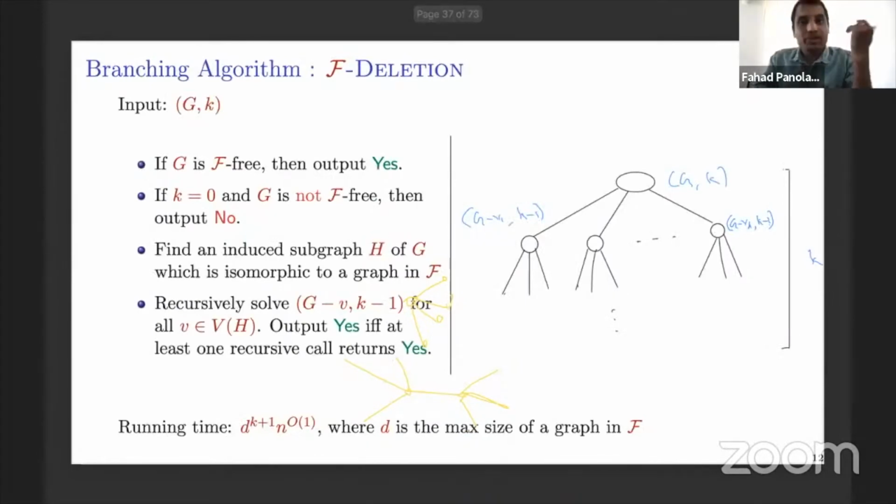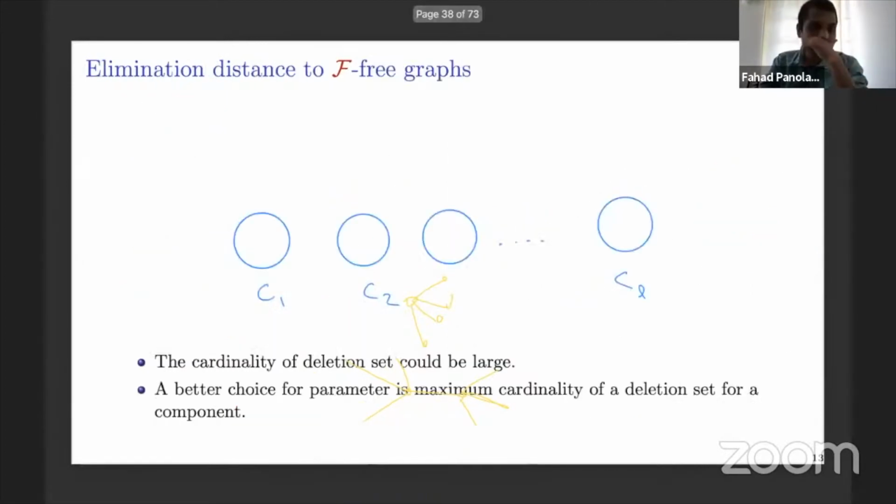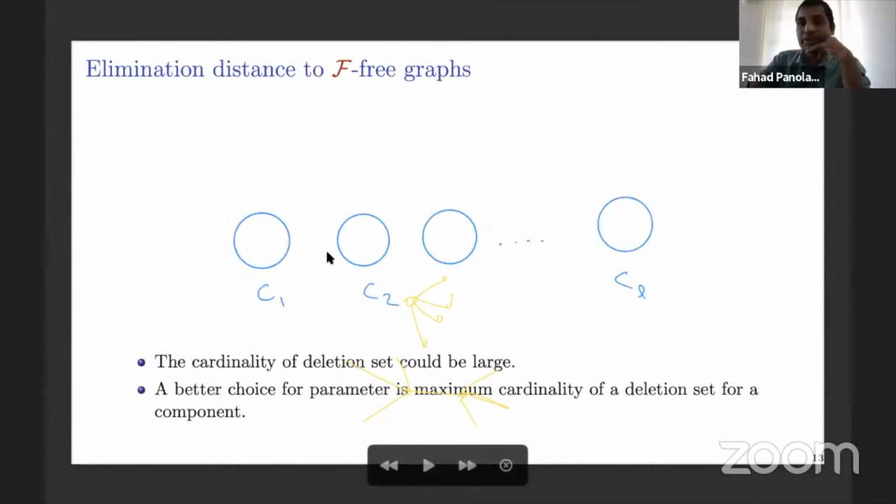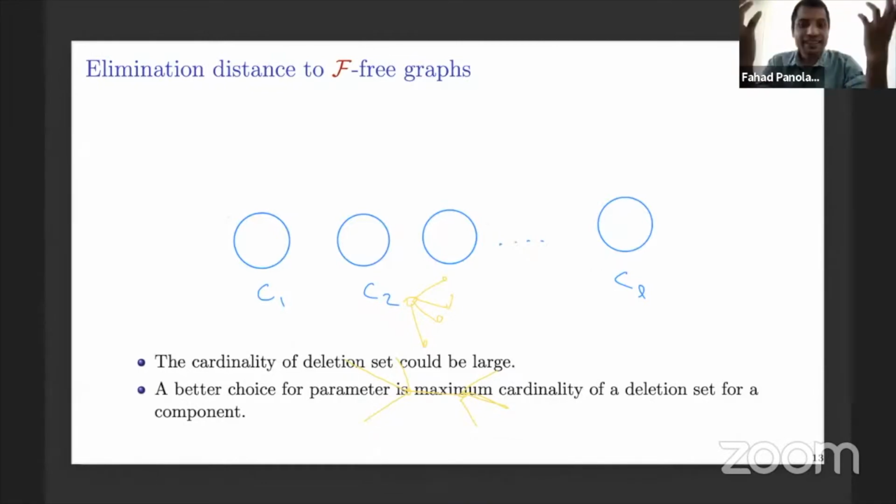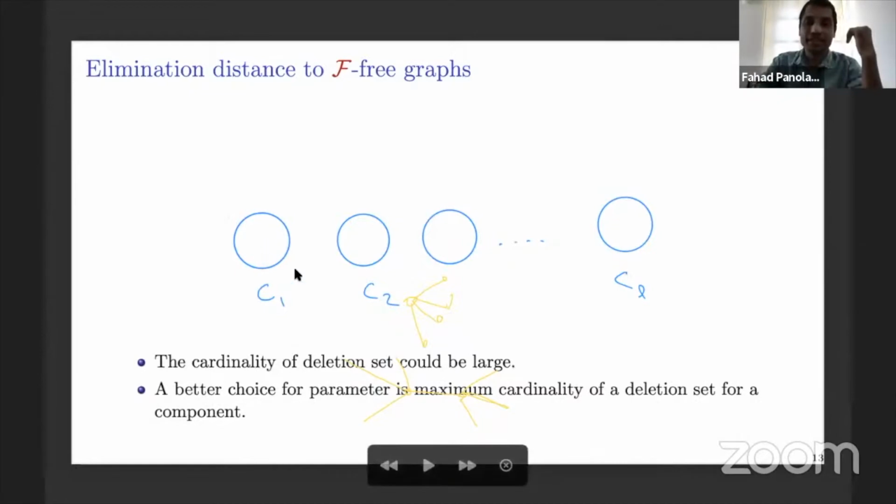Now, suppose you have seen an algorithm for the F deletion problem, where you want to delete k vertices to get into an F free graph. Look at the following scenario. Suppose you have a graph which contains lots of connected components. Then the cardinality of the deletion set could be large, because you need to add up the deletion sets from each of the components.